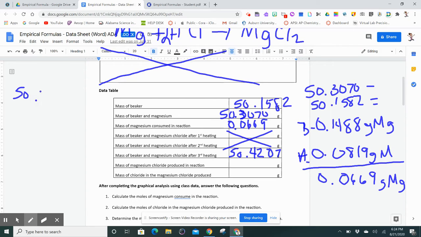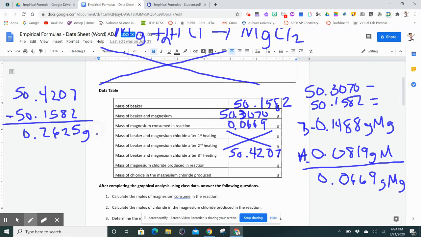So 50.4207 minus 50.1582 gives us 0.2625 grams of magnesium chloride.